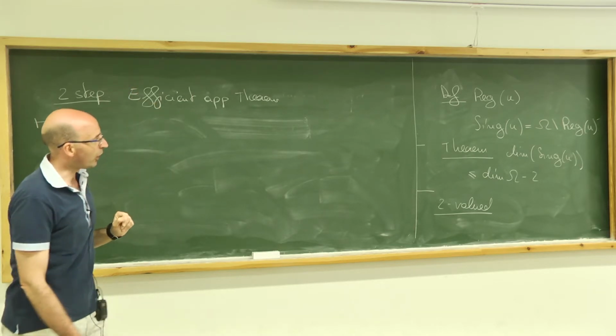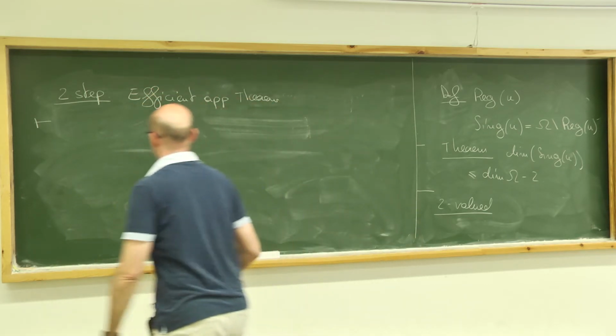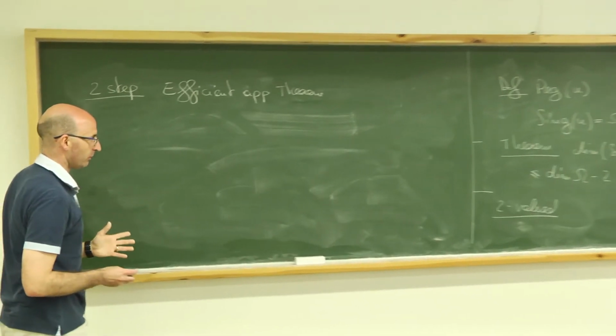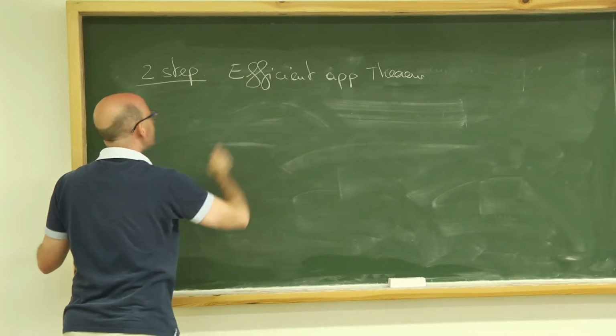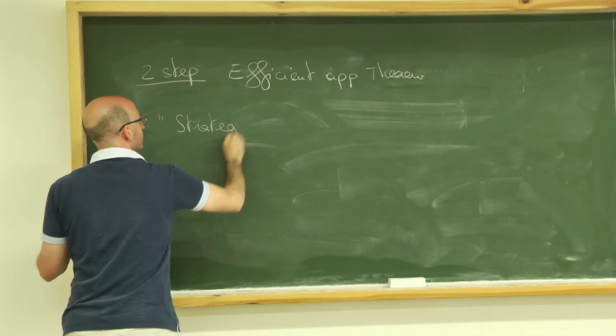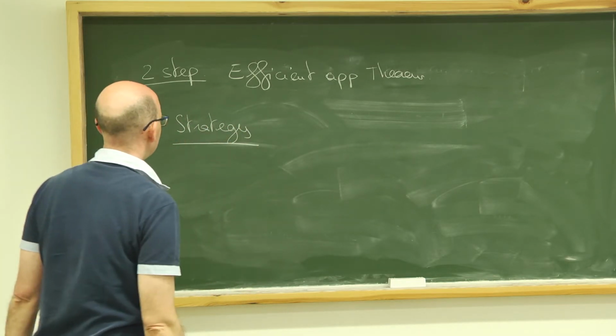OK? So now it comes to the two examples. Ideally, what you would like to do is the following. Once you have this approximation theorem and the first step, you could adopt the following strategy.